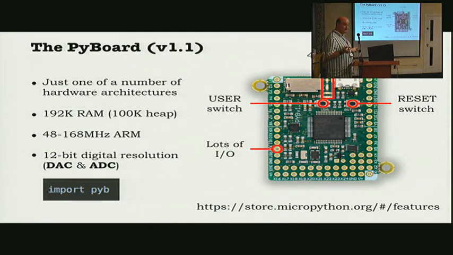But you do have access to some really cool hardware components. There's onboard digital I/O, for example. And in order to use Python on the board, it's flashed on the device, and you simply just have to import pyb, which is import the PyBoard software.